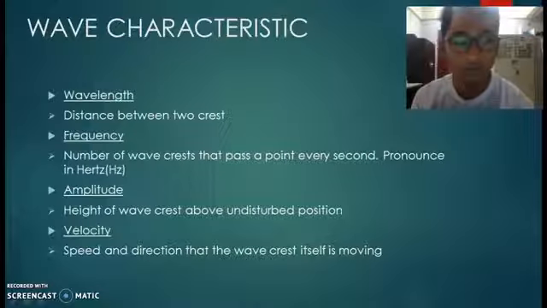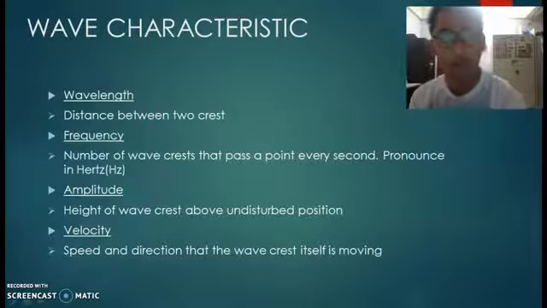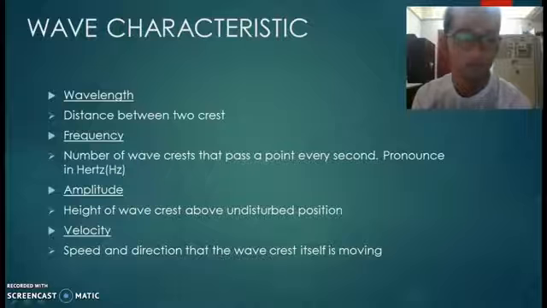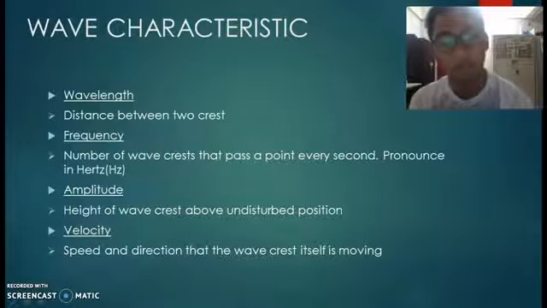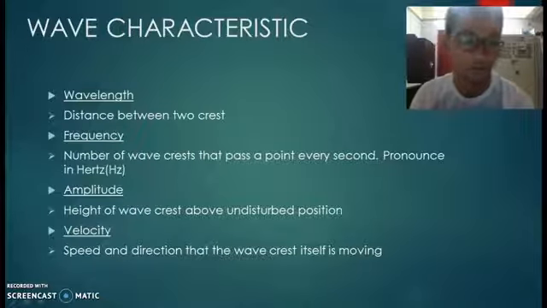Wave characteristics. There are eight of them. First, wavelength, the distance between two crests. Third, frequency, the number of wave crests that pass a point every second, measured in hertz or Hz if you write it down.